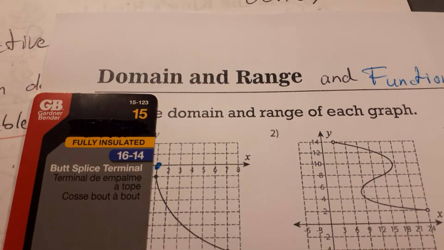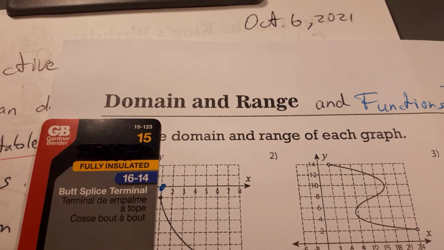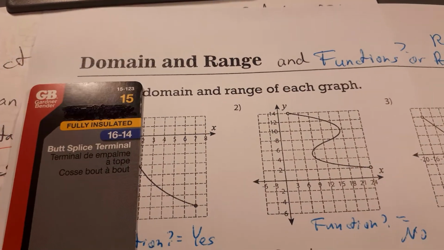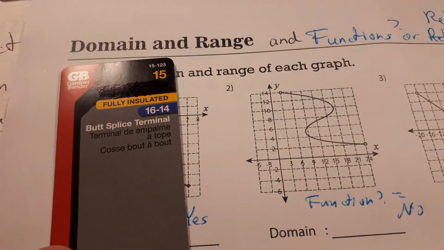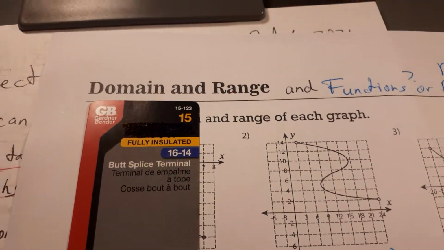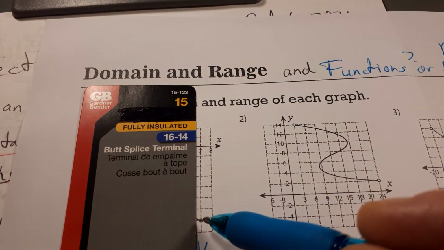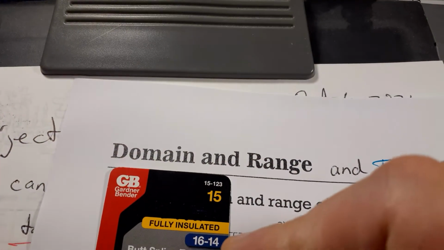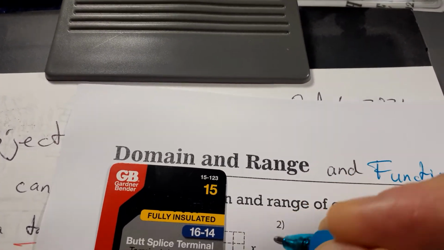All right, you see what I did? The point all the way to the left, I did it. Now I'm going to do the same thing as I slide over to the point all the way to the right. Since this is a closed circle here, I'm going to mark this one and make it closed.